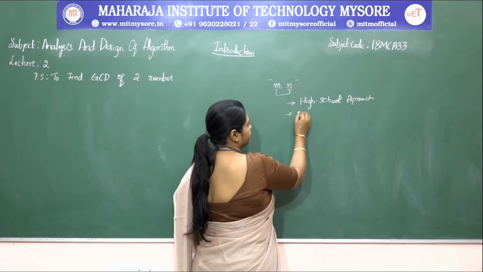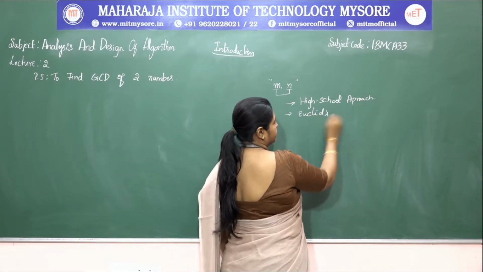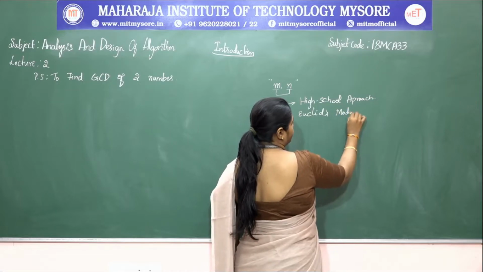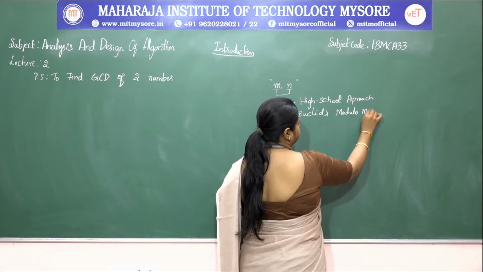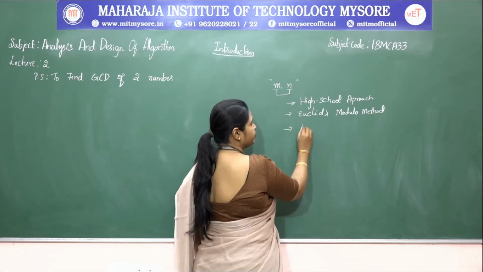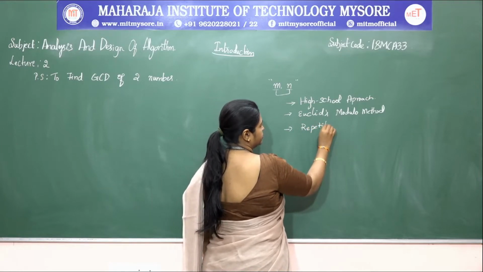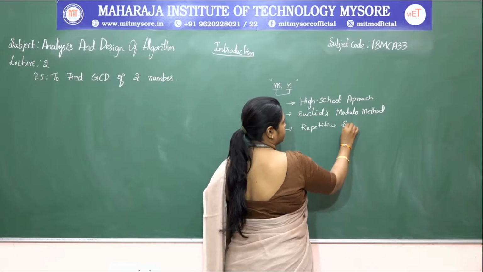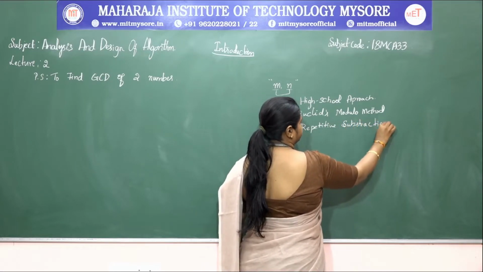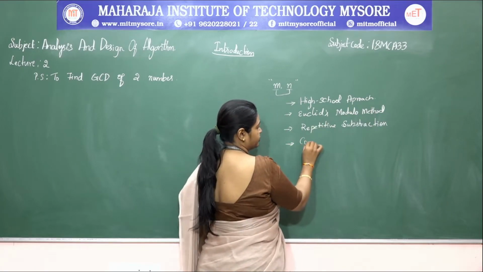And then Euclid found another approach called Euclid's modulo method or approach, and then we have a repetitive subtraction method, and then we have a consecutive integer checking method.